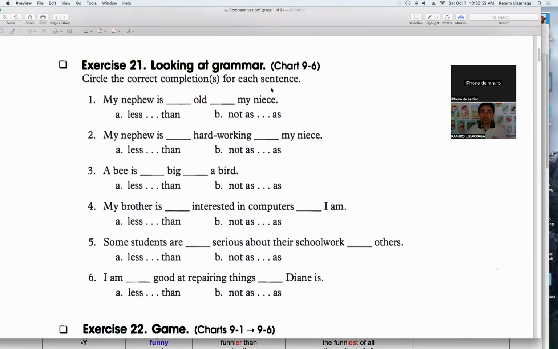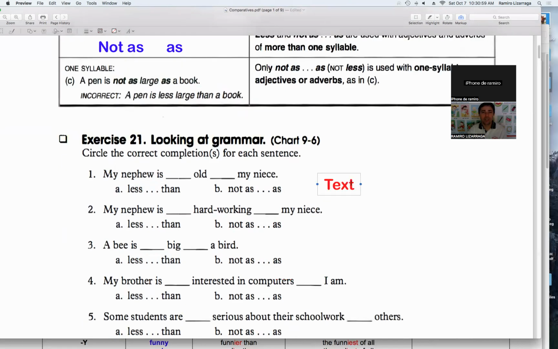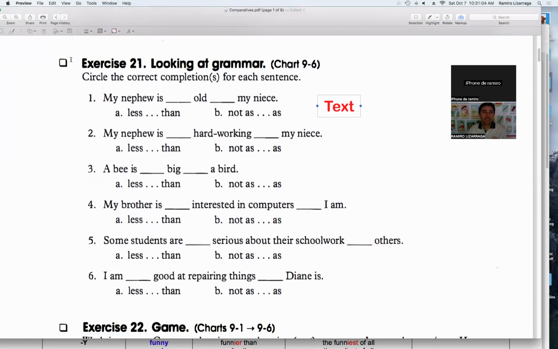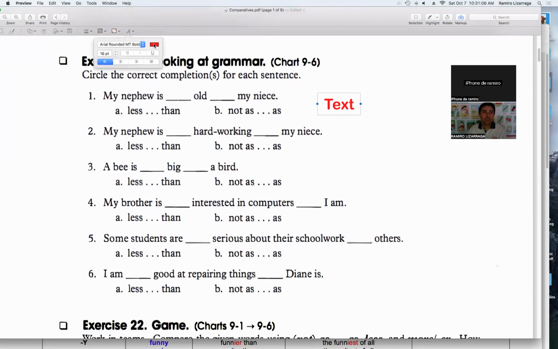Circle the correct completion for each other. We're not going to circle, we're going to write it. Okay, Jose, help me. What are we going to use here? My nephew is what? How is your nephew? Do you have a nephew? Is not as old as my niece. Very good. It's not as. Very good. You are totally right.